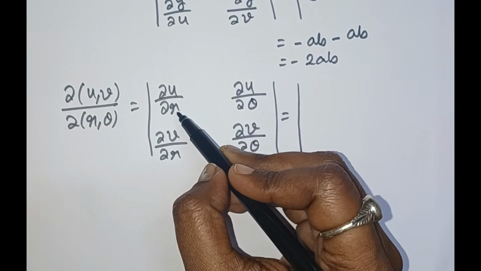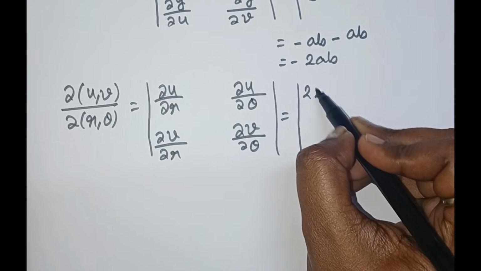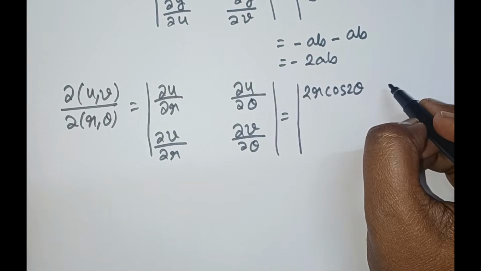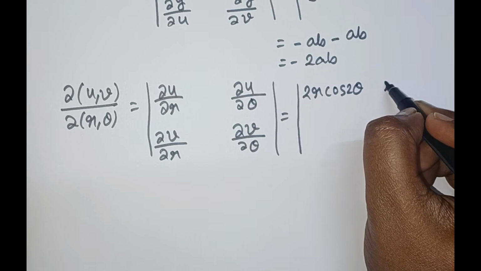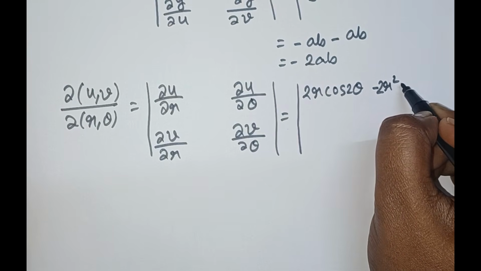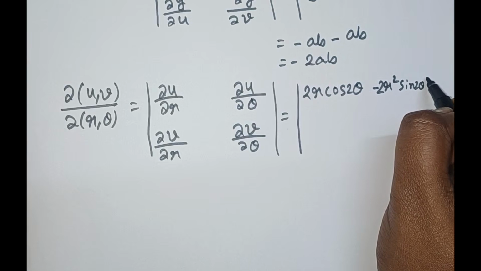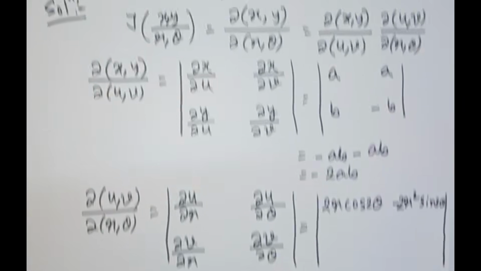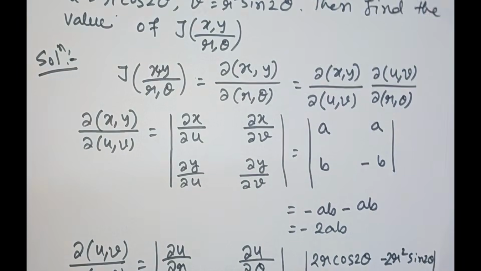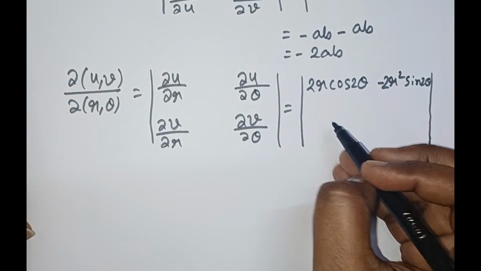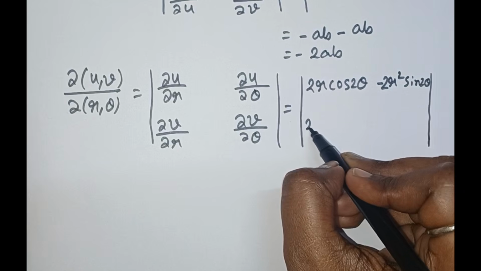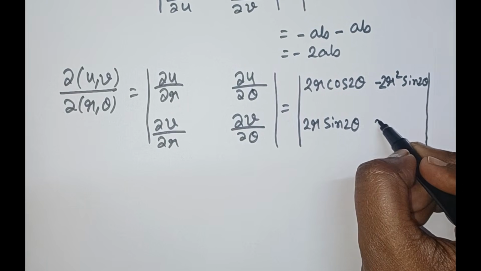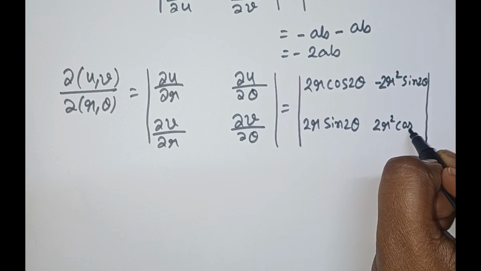Hence del u del r is 2r cos 2 theta, del u del theta is minus 2r square sin 2 theta, then because v equals r square sin 2 theta, del v del r is 2r sin 2 theta and del v del theta equals 2r square cos 2 theta.